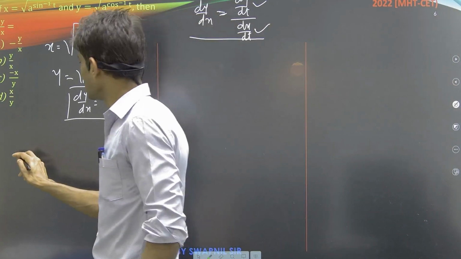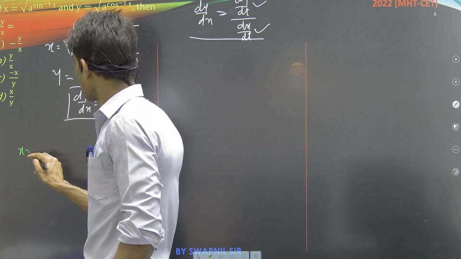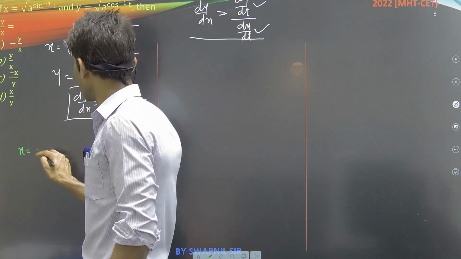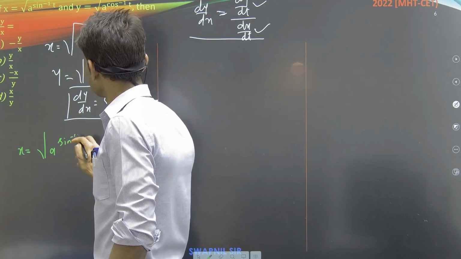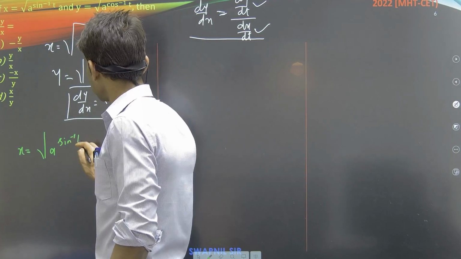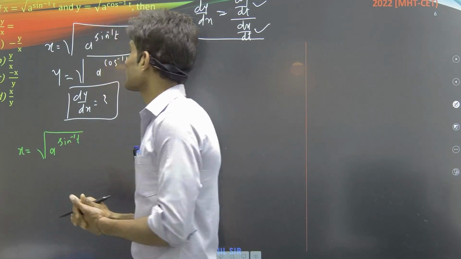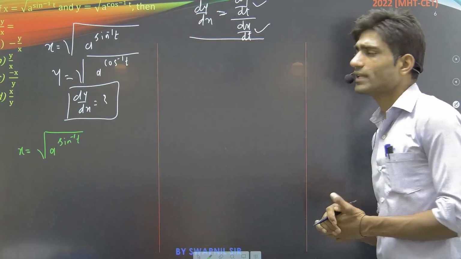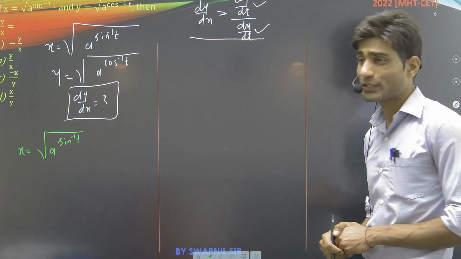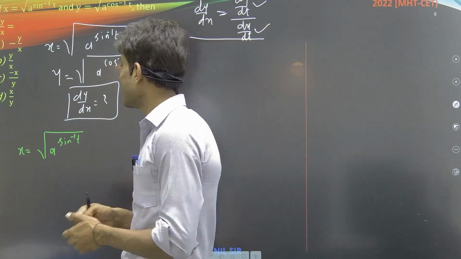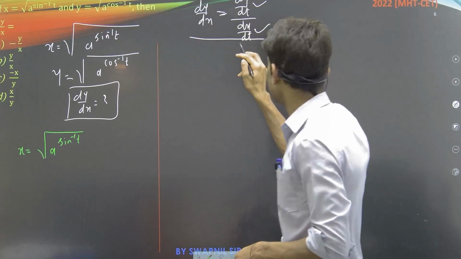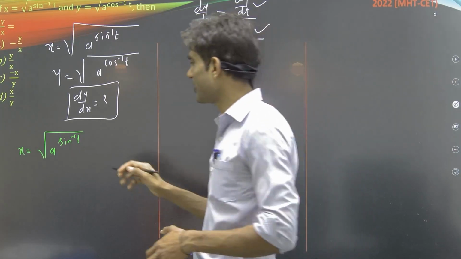So x is equal to a to the power sine inverse of t. We want the value for dx by dt, as it is in the denominator.